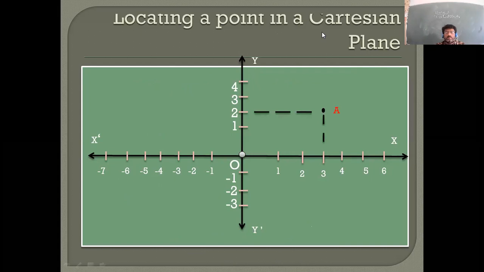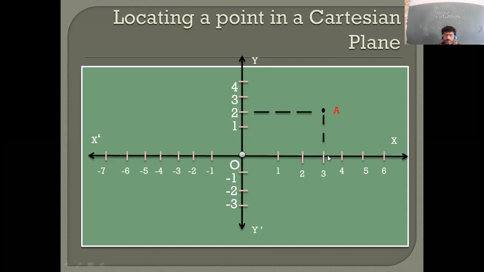Now you can locate a point in a Cartesian plane. For example, there is a point A. How can you locate this point? The point is here. First you have to draw a perpendicular line from this point to the x-axis, and a perpendicular line from this point to the y-axis.